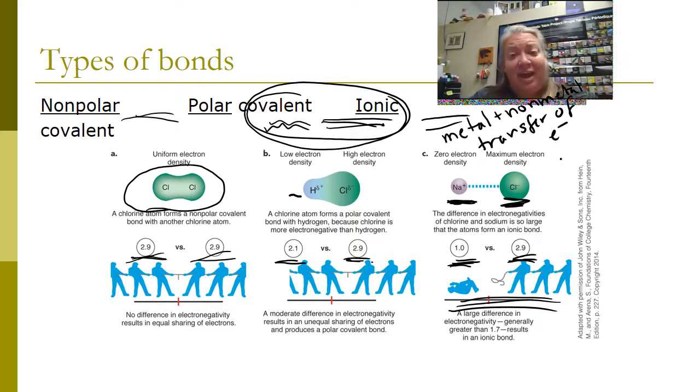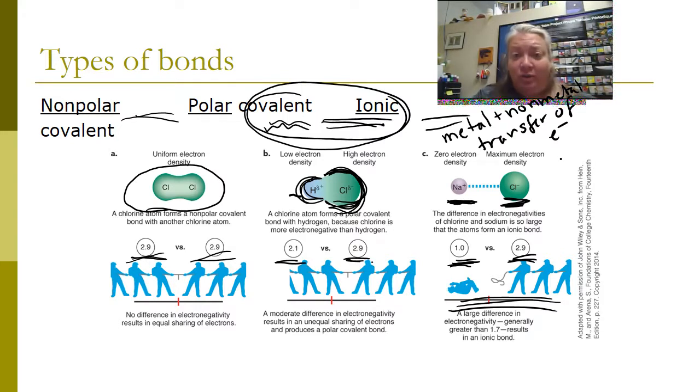This is less than that. So they're still sharing electrons. It just happens to be that in this case, the chlorine likes the electrons more than the hydrogen. Now I can tell that pretty easily by looking at the little picture there. Number one, the chlorine over here has a lot bigger electron density map around it. The hydrogen is a little bit smaller.